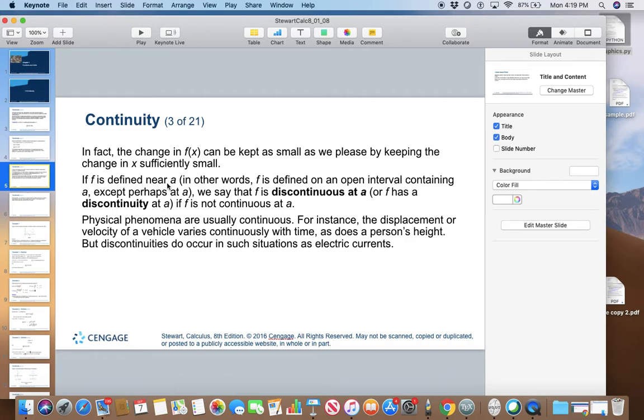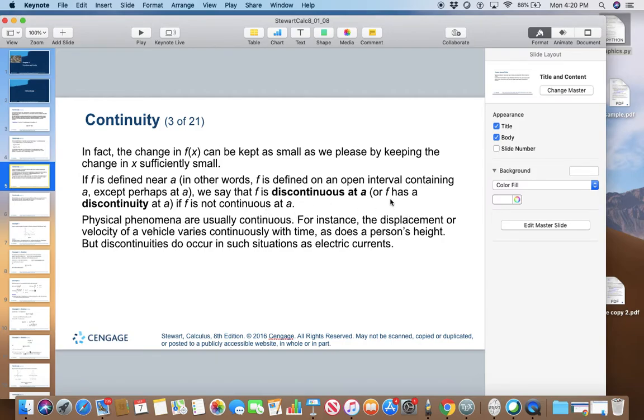If f is defined near a, in other words, f is defined on an open interval containing a, except perhaps at a, we say that f is discontinuous at a if f is not continuous. Discontinuous means f is not continuous.